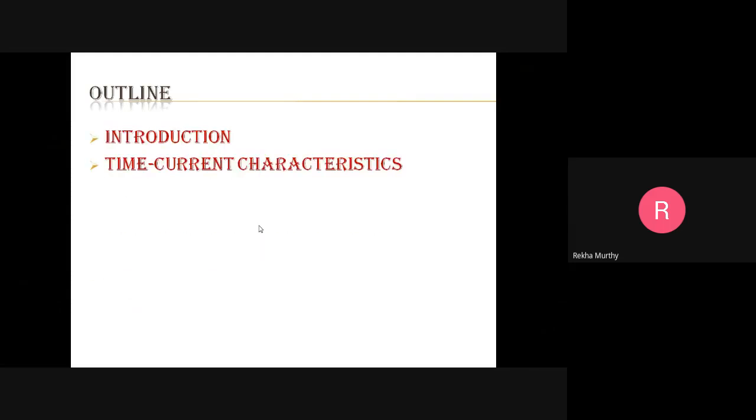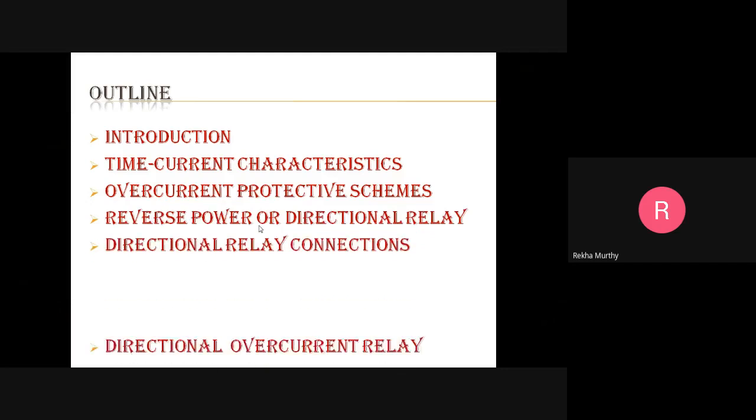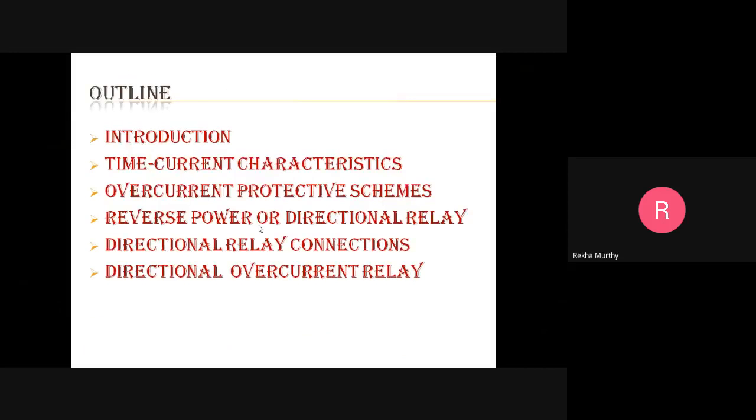So the main outline for this session is the introduction, time current characteristics, overcurrent protective scheme, reverse power or directional relay connections, and directional overcurrent relay. These are the topics I'm going to cover.